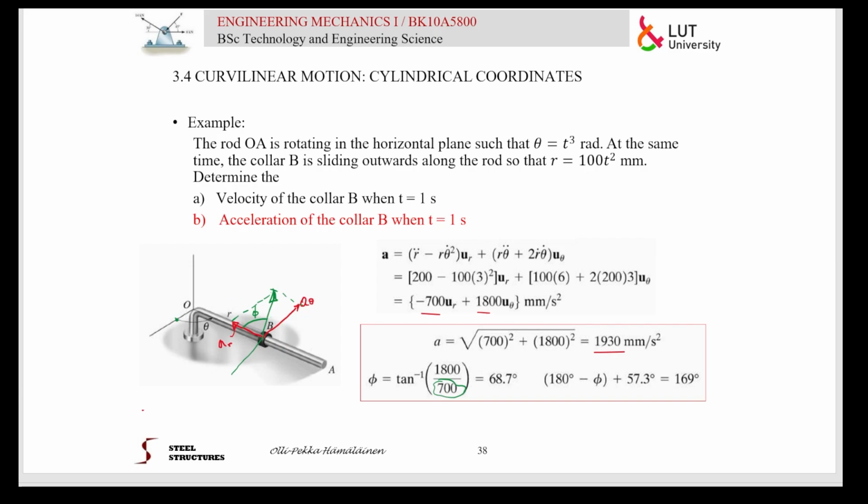I put it in another color. Well, how much is this angle? It is 180 degrees minus the angle that I just found, which gives me this small piece of angle here. This is 180 minus phi. And then this small piece of angle is theta. That's why the angle is formed like this. And then the final angle of this acceleration vector is 169.